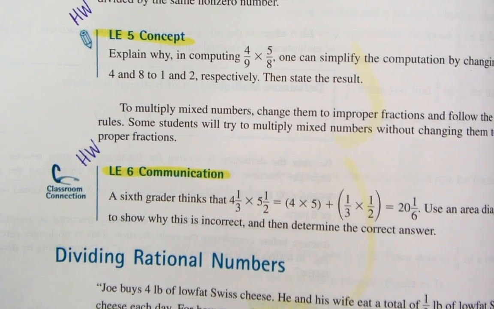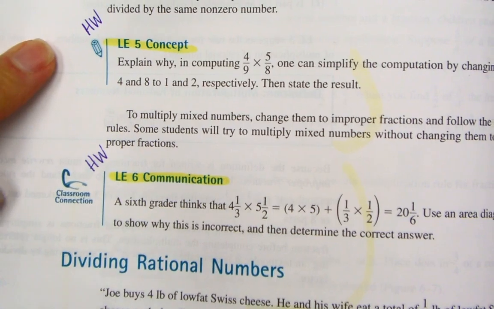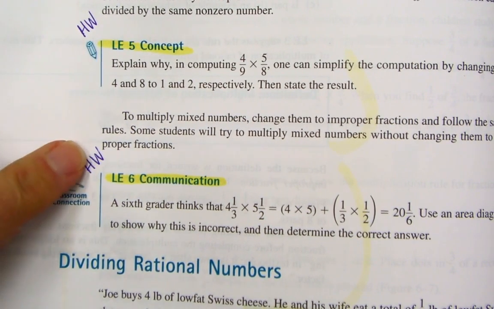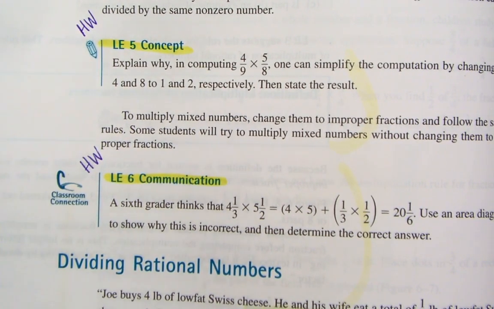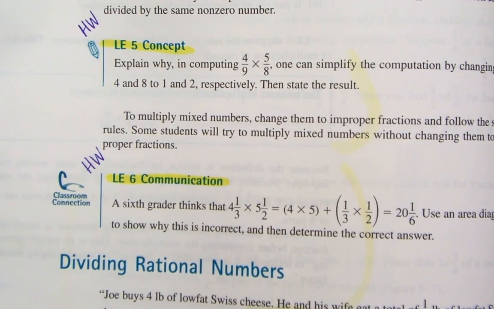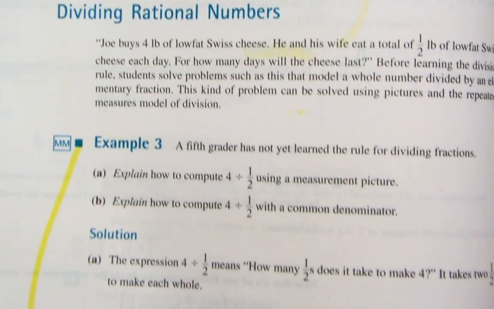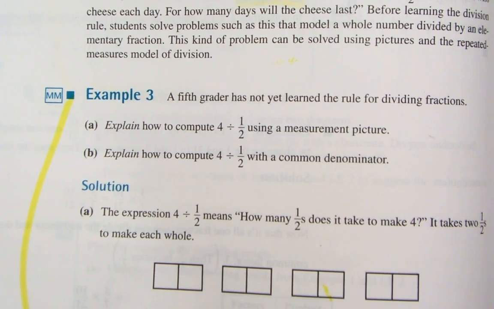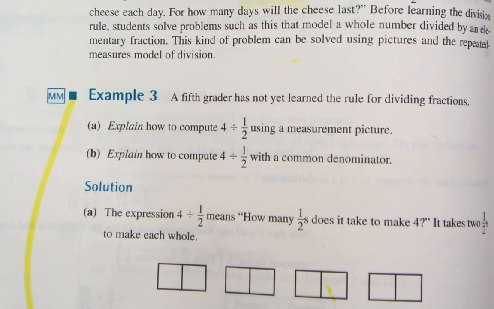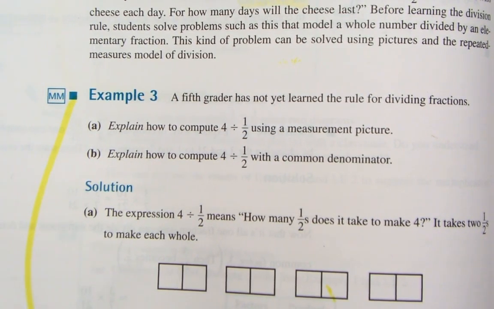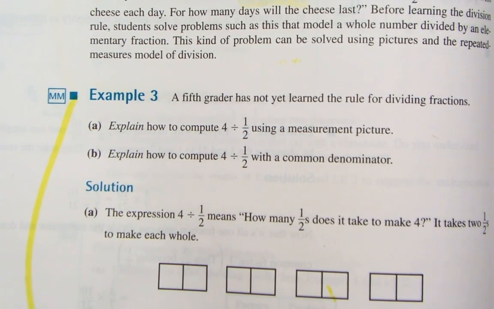Over here on page 286, there are a couple of homework lesson exercises that I'm just going to ask you to think through. I want to go over example 3 with you, however. It says a 5th grader has not yet learned the rule for dividing fractions. Explain how to compute 4 divided by 1/2 using a measurement picture.